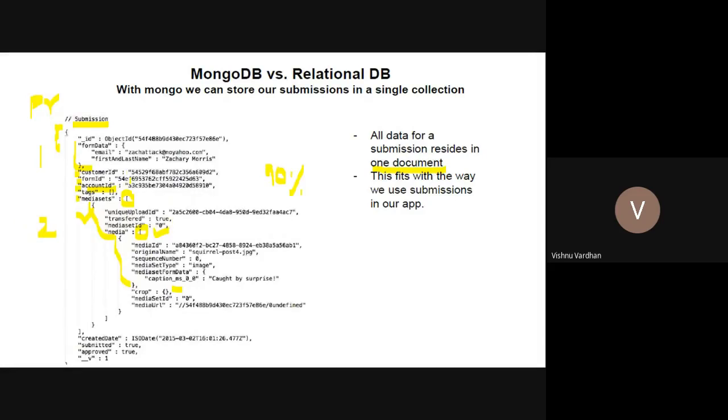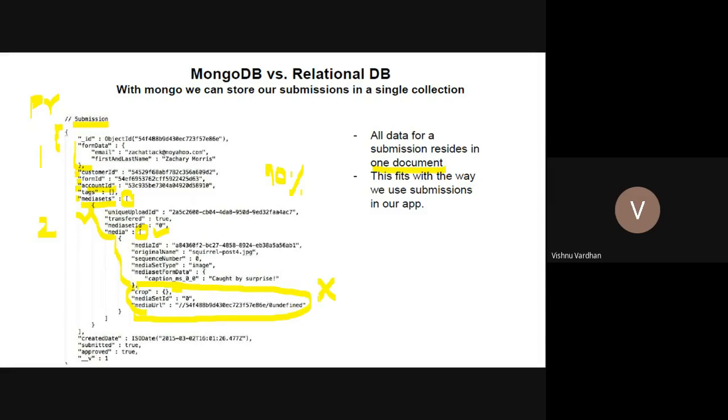In that there may not be the media sets, there may not be the internal objects or internal arrays, so they can be completely missed out. All these are allowed because we are not tying the data to a proper schema mapping.